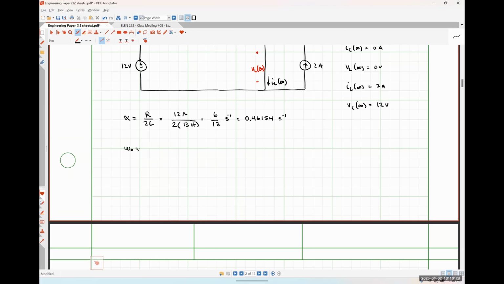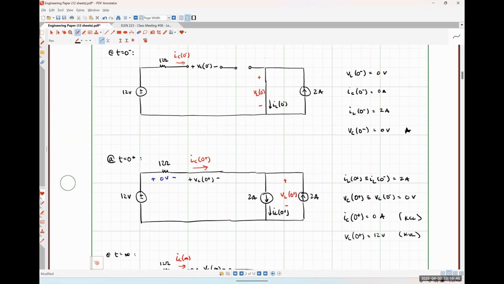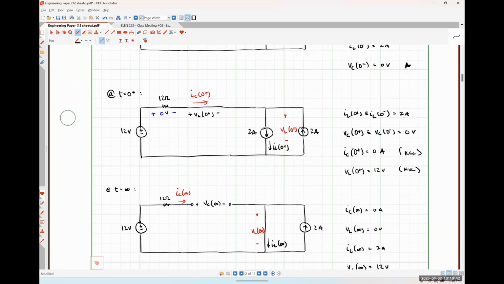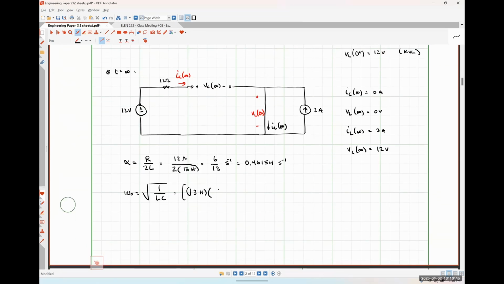Omega naught is the square root of 1 over LC. So that is going to be 13 henries. What's my capacitor value from way up here? 13 over 36. And then I'm going to do this to the negative 1/2 power. Positive 1/2 power would be the square root.